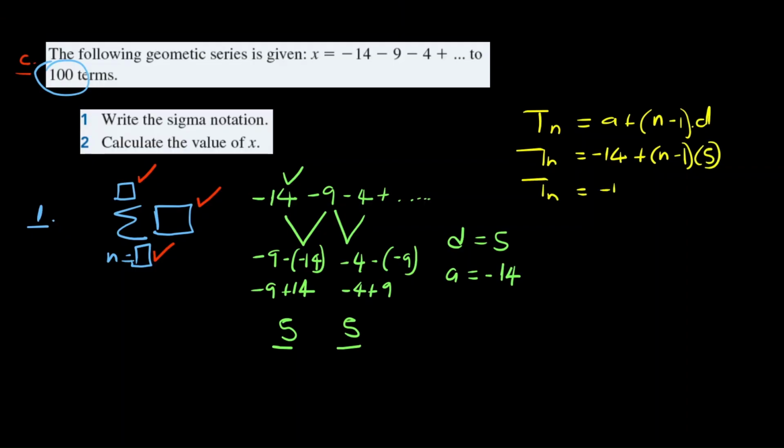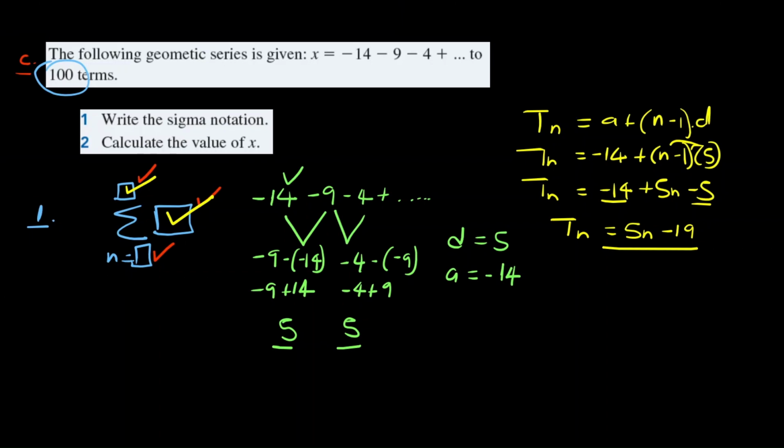Tn equals negative 14, and multiplying by 5, we get 5n minus 5. Tn will be 5n minus 14 minus 5, to give us 5n minus 19. So that will be our general formula, which we can substitute over there. And we know that the end is 100. So really we can determine what our start is.